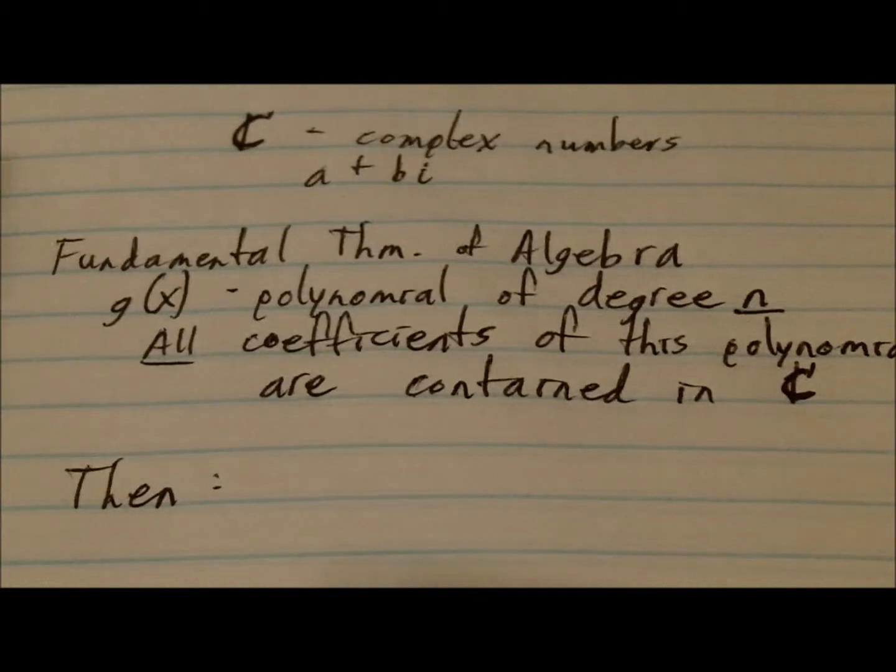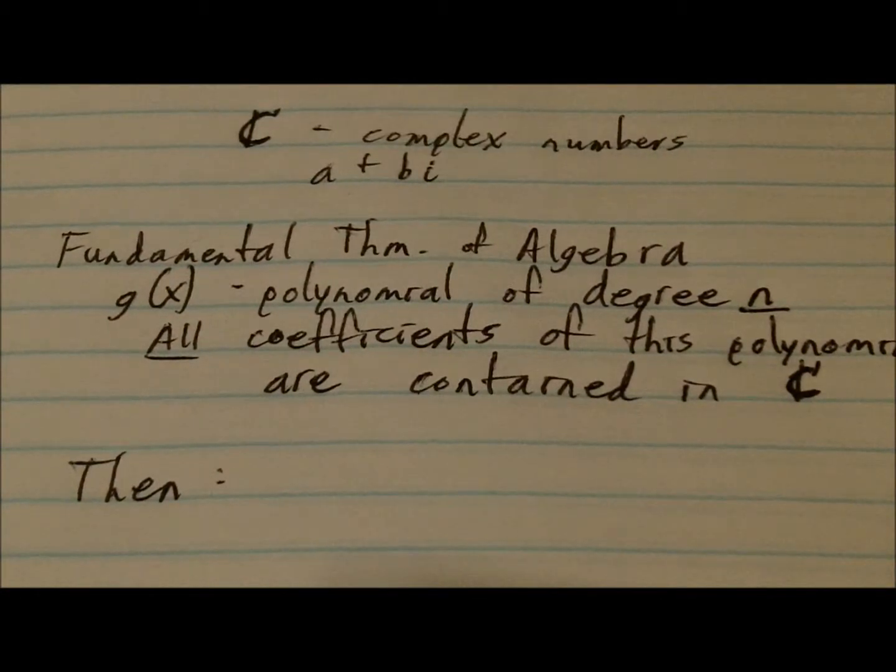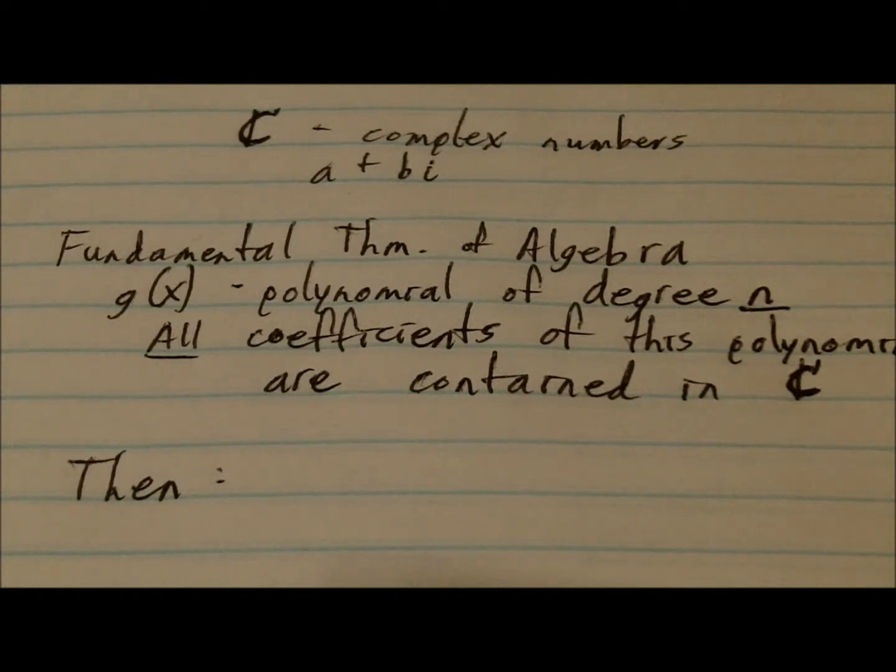So we know that g of x is a polynomial of degree n, and all of its coefficients and constants are contained in C, so they're all complex numbers, right?